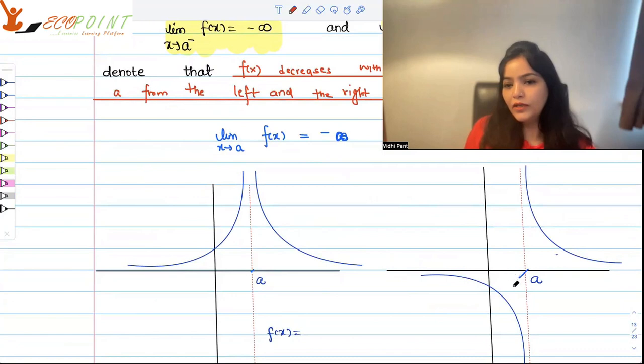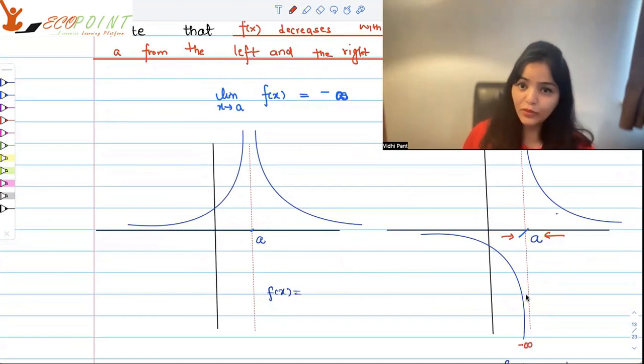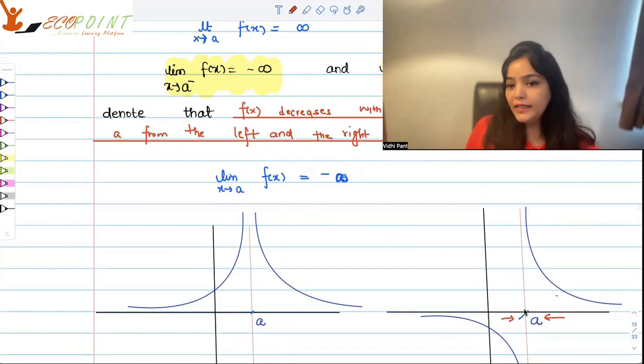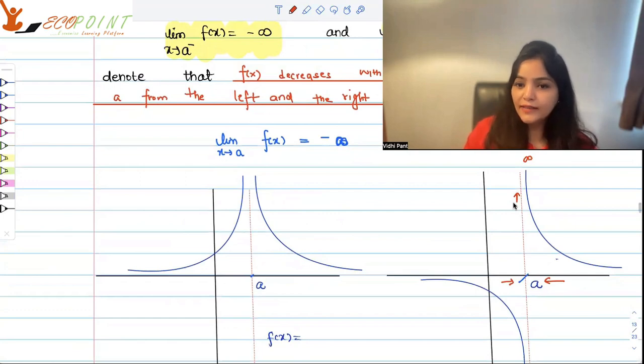Now, if you are looking from the left and from the right of a, what's happening? From the left of a, you can see that the graph is going towards minus infinity. It's going parallel to this line, which is telling you that x is equal to a. And when you see the function from the right, you are seeing that it is going to plus infinity. So what kind of a function is this?